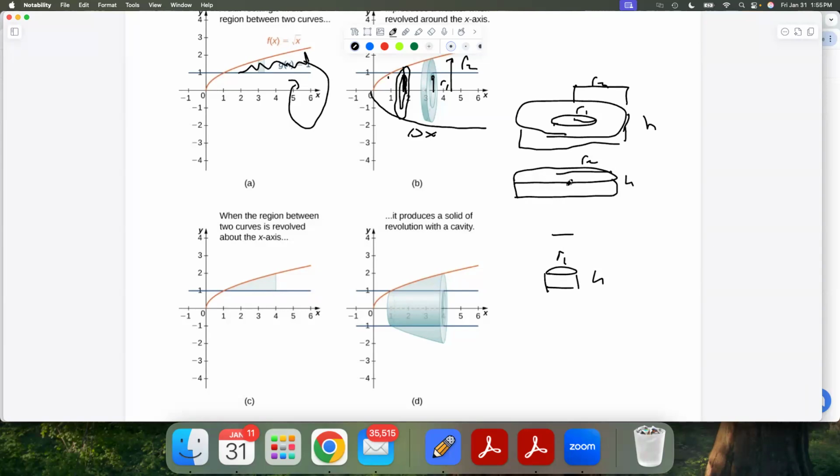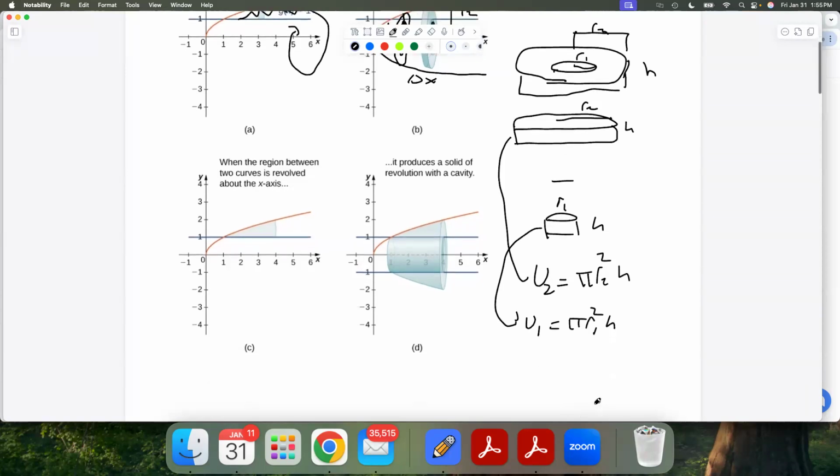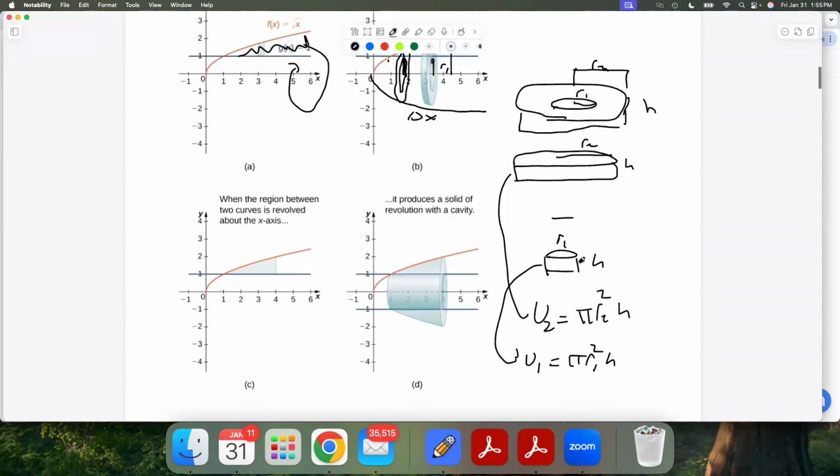Well, this is just a cylinder. We know this guy's volume. His volume is area of the base times the height. So that guy's volume will be pi R2 squared H. And this guy's volume, calling it V1, will be pi R1 squared H. So then the total volume of the washer is just big minus small.